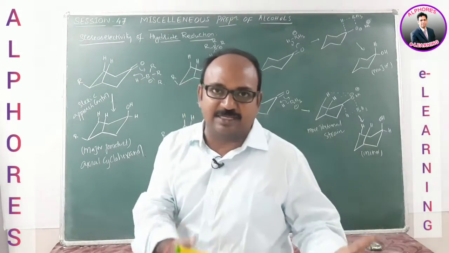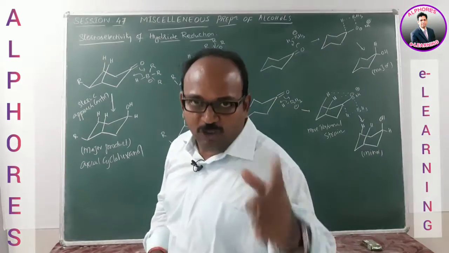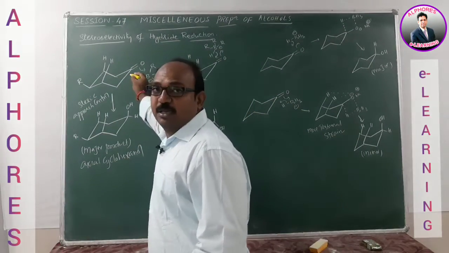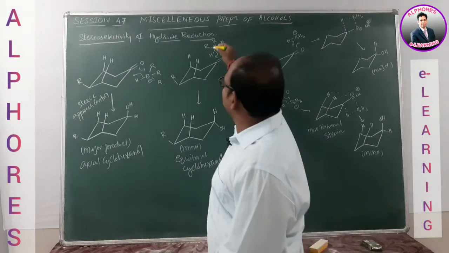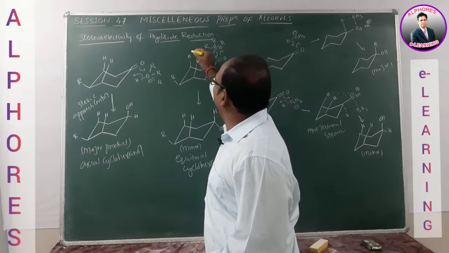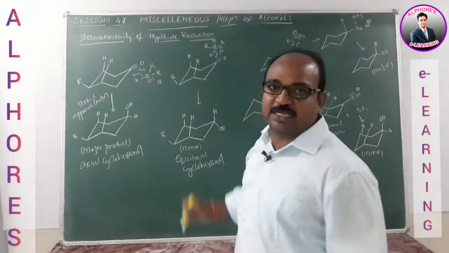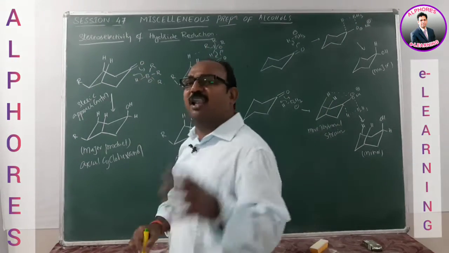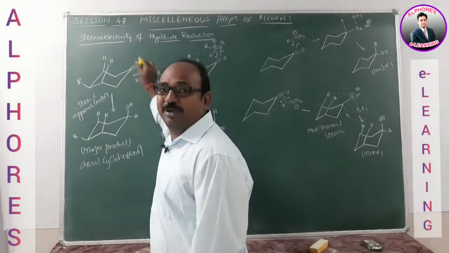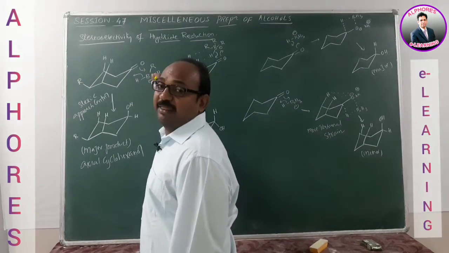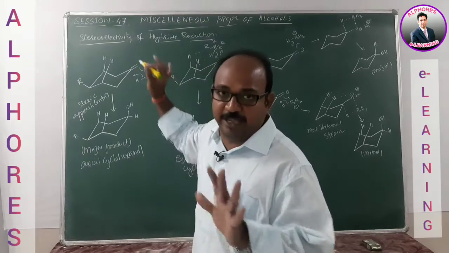That is, the hindered one cannot approach like this, it prefers to go like this. Let us consider there are two paths. Path 1, it may approach like this. Path 2, it may approach like this. So this path is the more hindered path because of more interaction, and this path is the less hindered path because repulsions are less between these hydrogens and this trialkyl borane derivative.